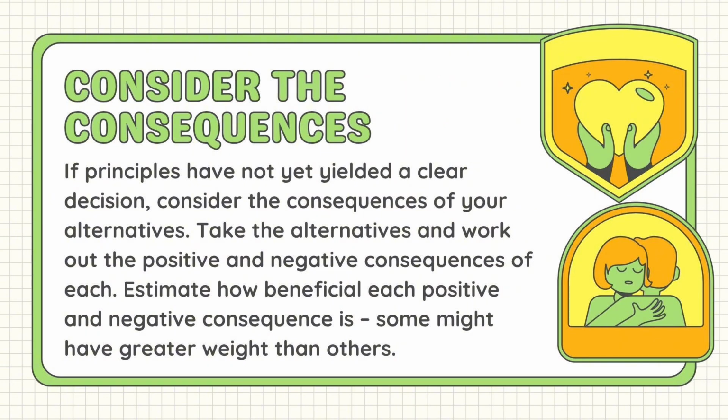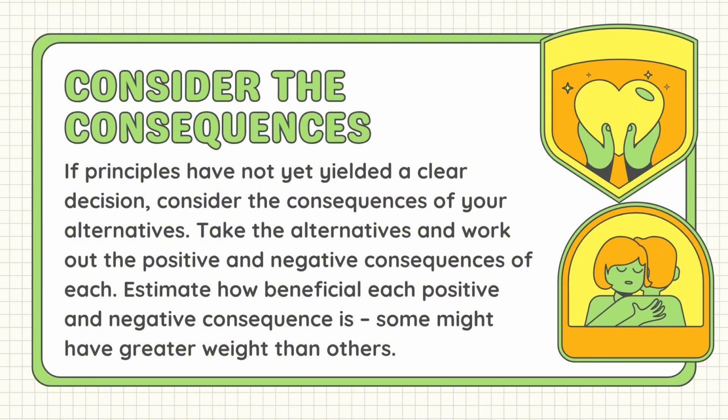If you report them, they might fail or get in huge trouble. That's painful for your friend, but it could teach them a lesson and promote fairness in the class. If you stay quiet, you could protect your friendship, but you allow dishonesty to continue. So you think not only about what's right in principle, but about what will lead to the most responsible and fair outcome for everyone.